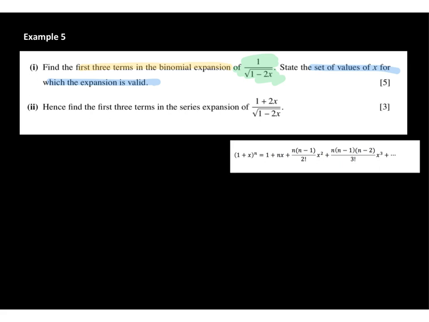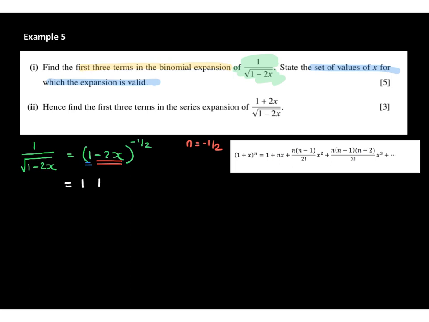So first job is, of course, to rewrite 1 over the square root of (1 minus 2x) as (1 minus 2x) to the power of negative a half. So our n value is negative a half. We're replacing x in the expansion with negative 2x, and we have a 1 at the beginning, so we are good to go with our expansion.